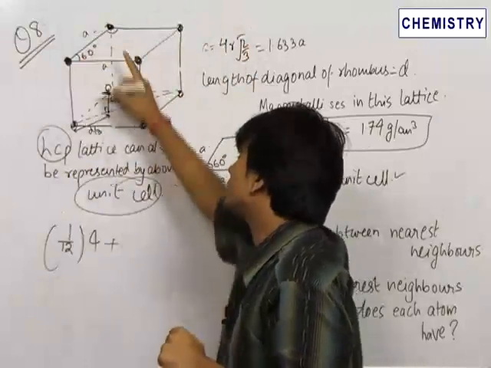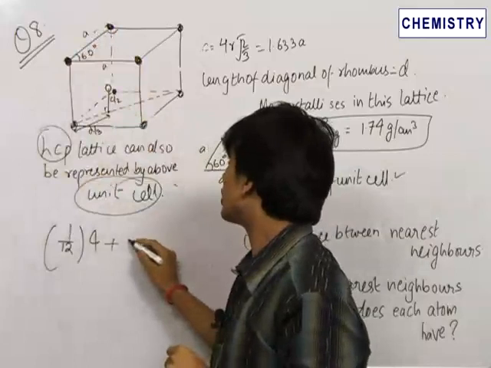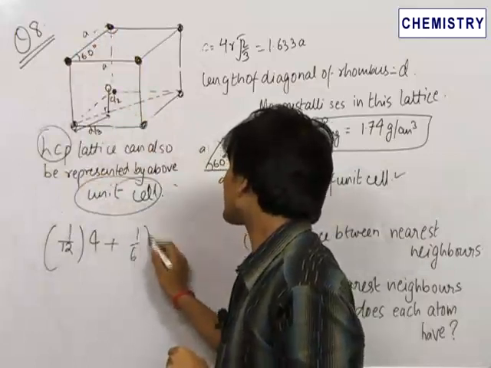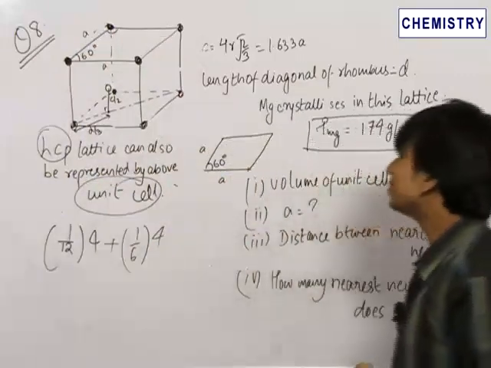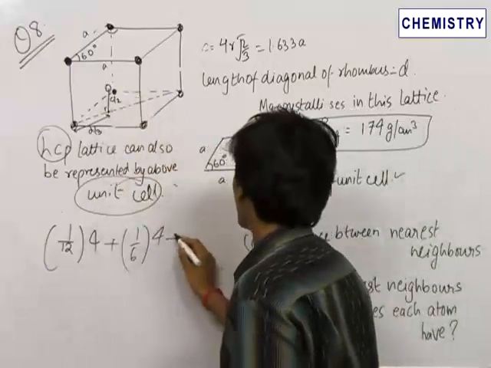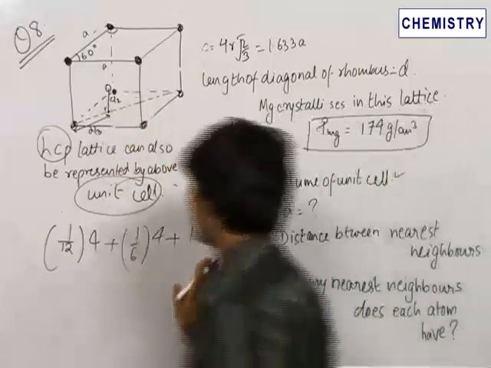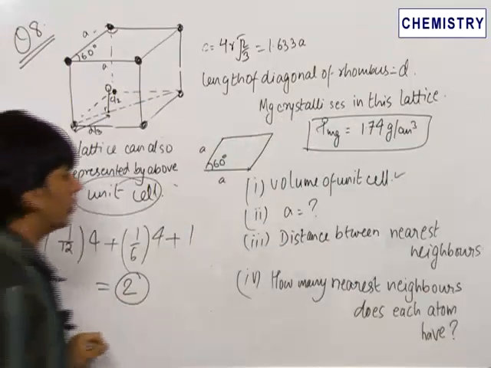Therefore there will be a total of 6 unit cells sharing this, so the contribution of this one will be 1/6. Now there are again 4 such atoms, and the contribution of the central atom will be 1. Therefore the total contribution comes out to be equal to 2.